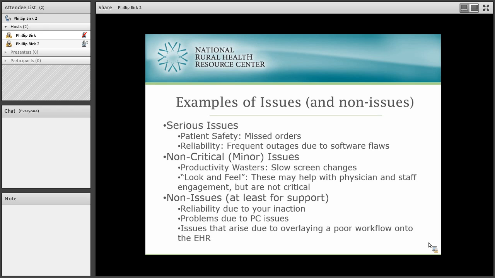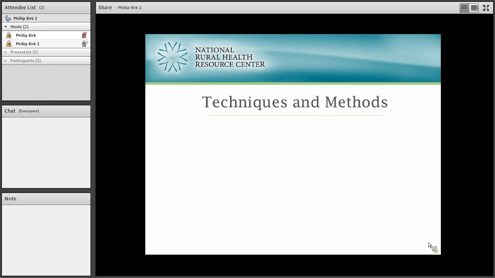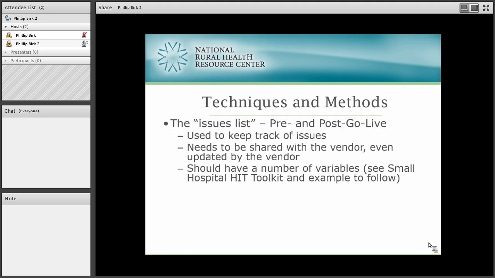And this is the one that I see as probably the most common non-issue and frustrates vendors and healthcare providers the most. And that's one where you've overlaid an already poor workflow that was paper-based onto the EHR and kind of strong-armed the EHR into taking your process that you had before and replicating it electronically.